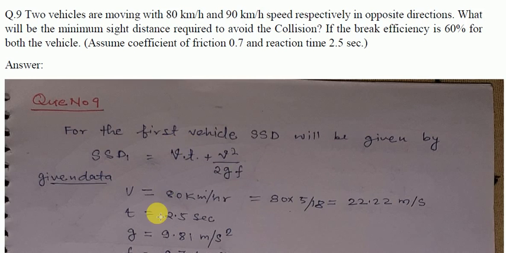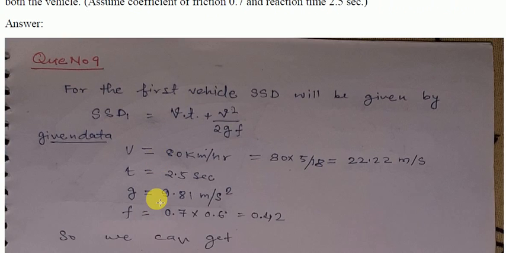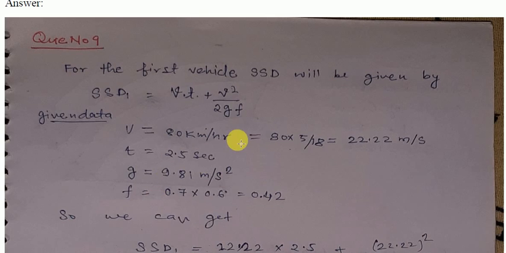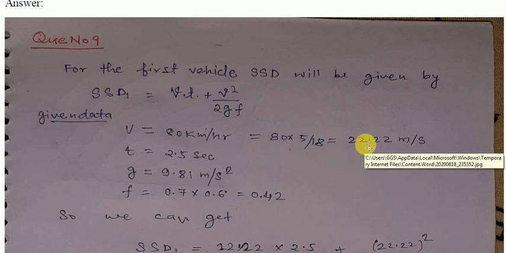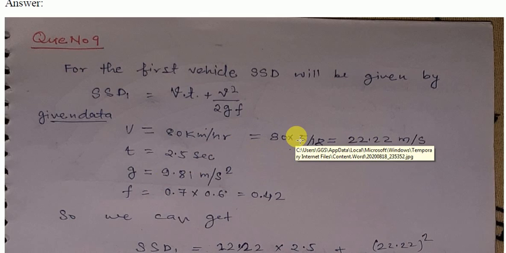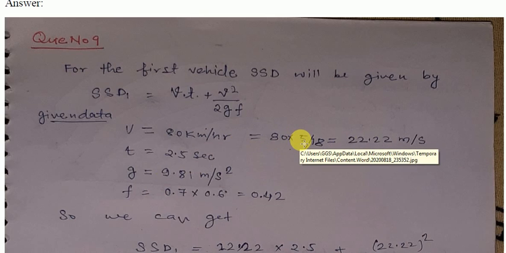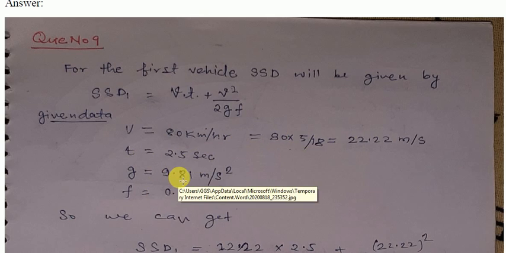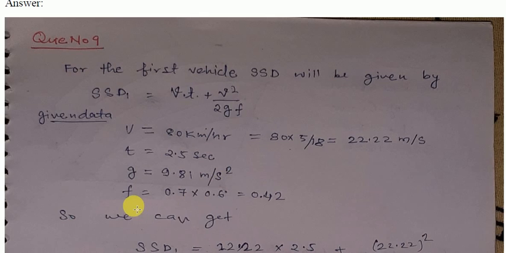So as per the question, our given data are: V for the first vehicle is equal to 80 km per hour. Let's convert it into meter per second. In meter per second it is 22.22 meter per second, multiplied by 5 into 18. Reaction time T is equal to 2.5 seconds. Acceleration due to gravity is 9.81 meter per second square.